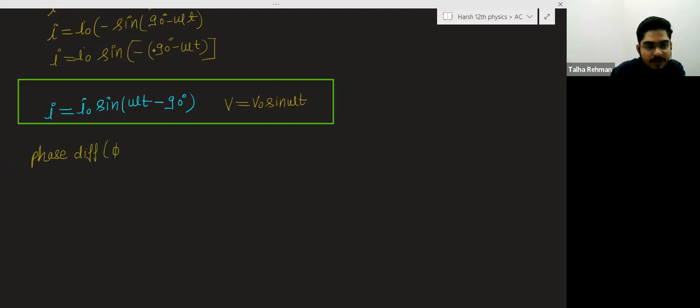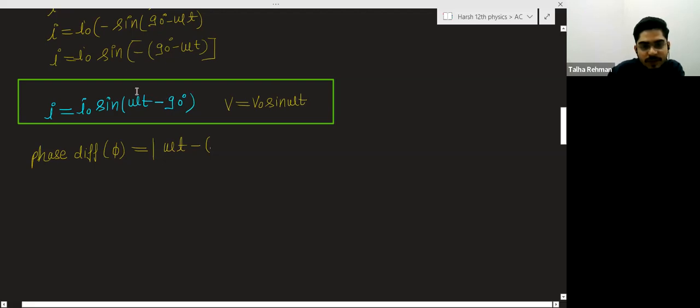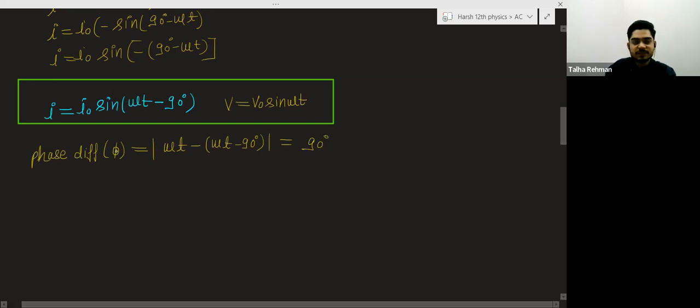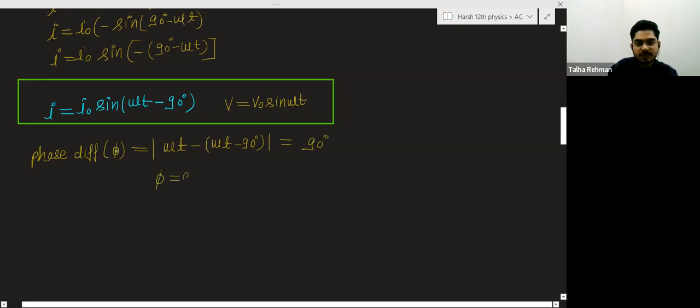Phase difference phi is the mod of the phase of the voltage, omega t, minus the phase of the current, omega t minus 90 degree. So omega t and minus omega t will be cancelled out, and minus minus will become plus. So basically 90 degree is the phase difference between the current and the voltage in case of the purely inductive circuit.